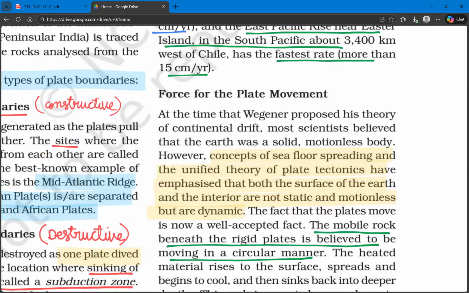When Wegener had given the continental drift theory, most scientists believed that the Earth was a solid, motionless body, but the concepts of seafloor spreading and the unified theory of plate tectonics have emphasized that both the surface of the earth and the interior are not static and motionless, but they are dynamic. What does it mean? There is a motion in the crust and the interior of the earth.